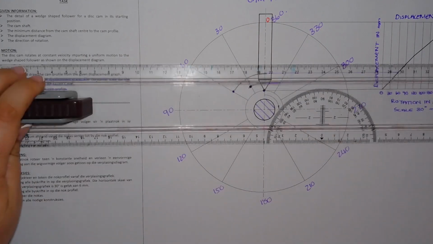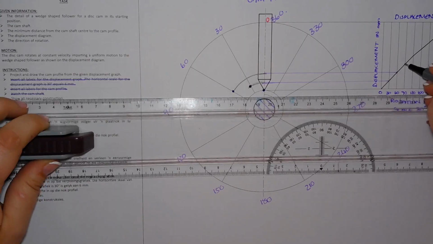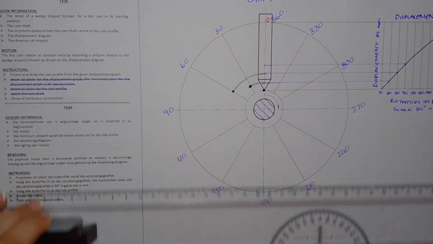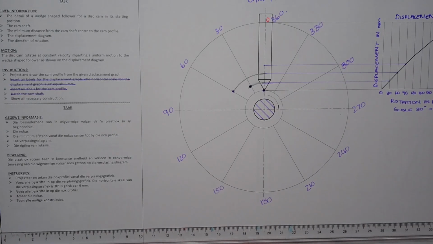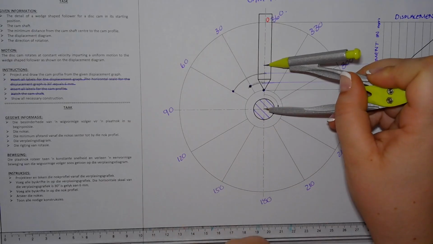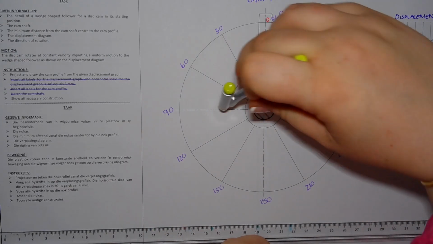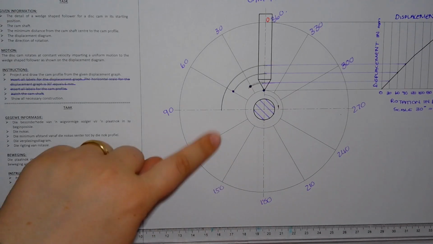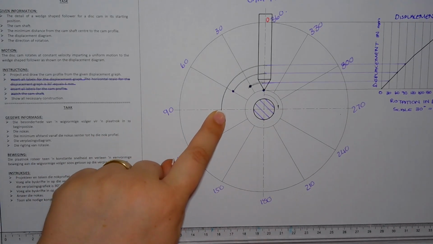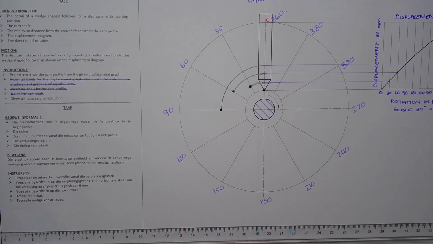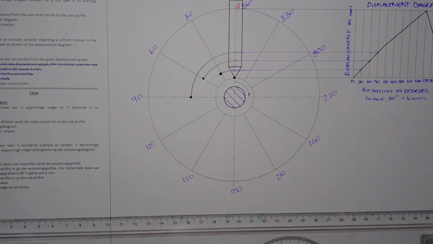I'm going to continue with 90. Where it crosses, I'm projecting it to the center line. From there, I put my sharp point in the middle, open up to line 90, and draw a curve until it touches 90, and that's my next point. Is everyone okay so far?